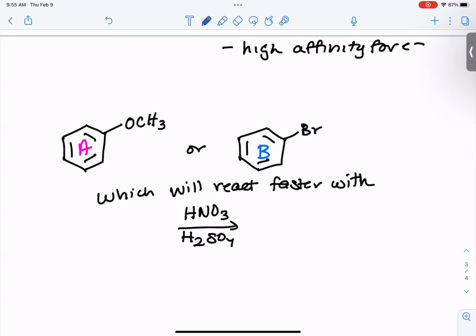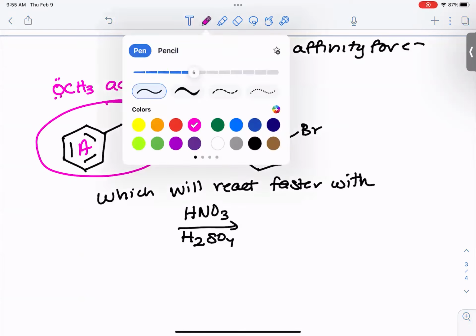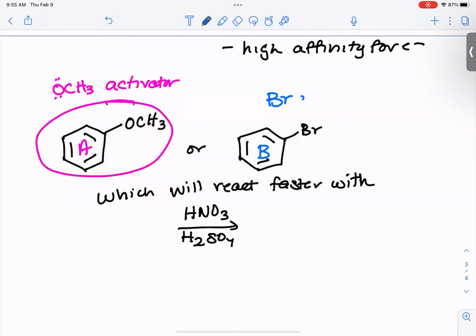So A is going to react faster because the OCH3 group is an activator. The Br group is a deactivator, so this is going to react slower. All right, so that's your activation and your deactivation.